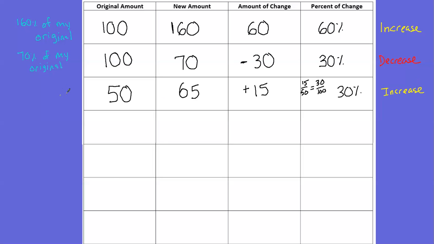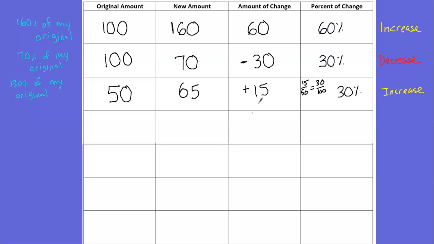Okay. Now, in terms of what percent of my original do I have, I now have 130% of my original. So 100% of my original would be all 50 that I started with, but I have even more than that. I have 130% of my original.